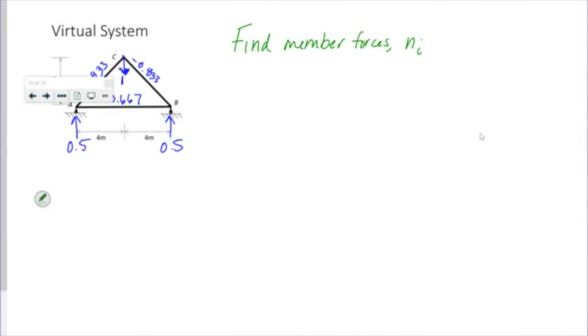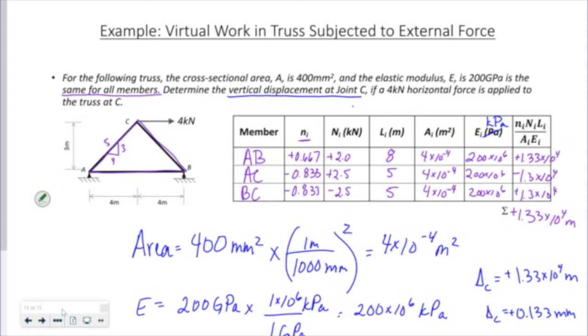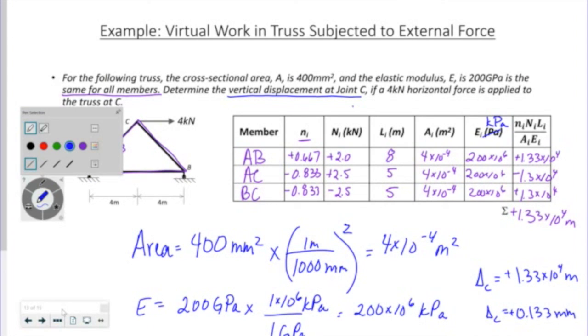If I go back down to my virtual system, I applied my unit load in the downward direction. So I'm displacing 0.133 millimeters down.